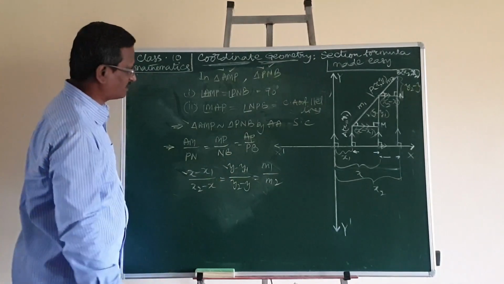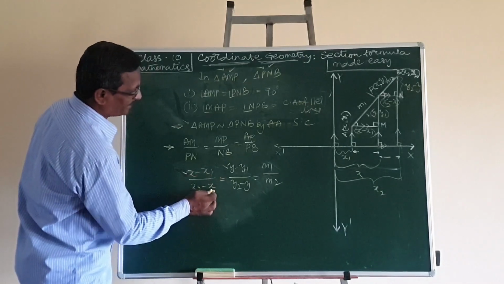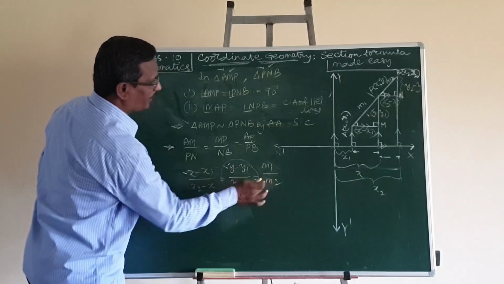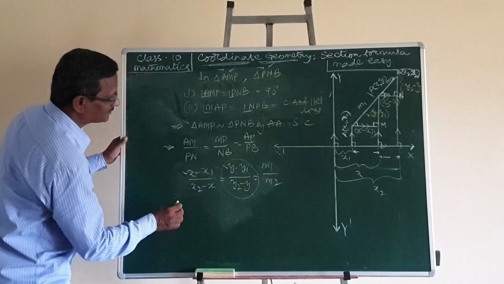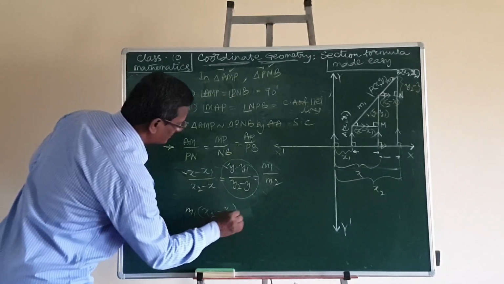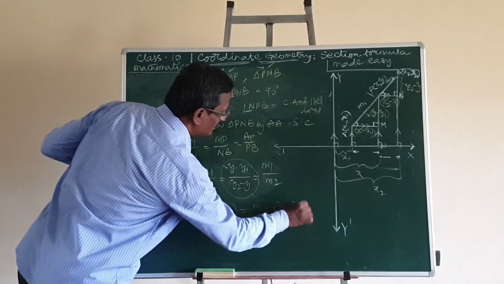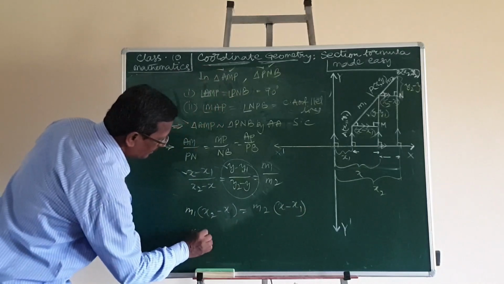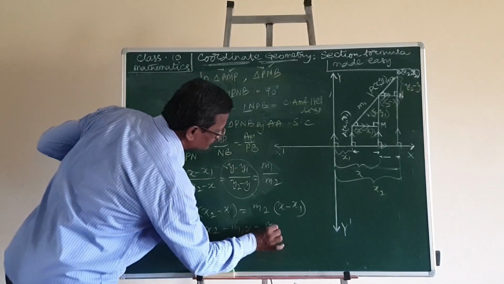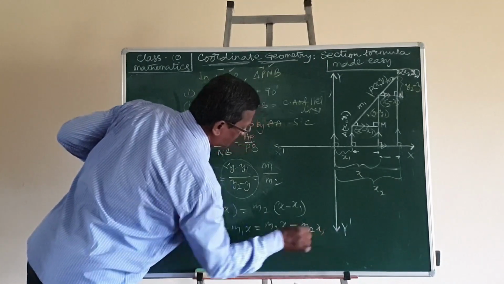It's easy to find x and y when you go for cross multiplication between x minus x1 by x2 minus x and m1 by m2. Here it is: m1 into x2 minus x is equal to m2 into x minus x1. This is m1x2 minus m1x is equal to m2x minus m2x1.